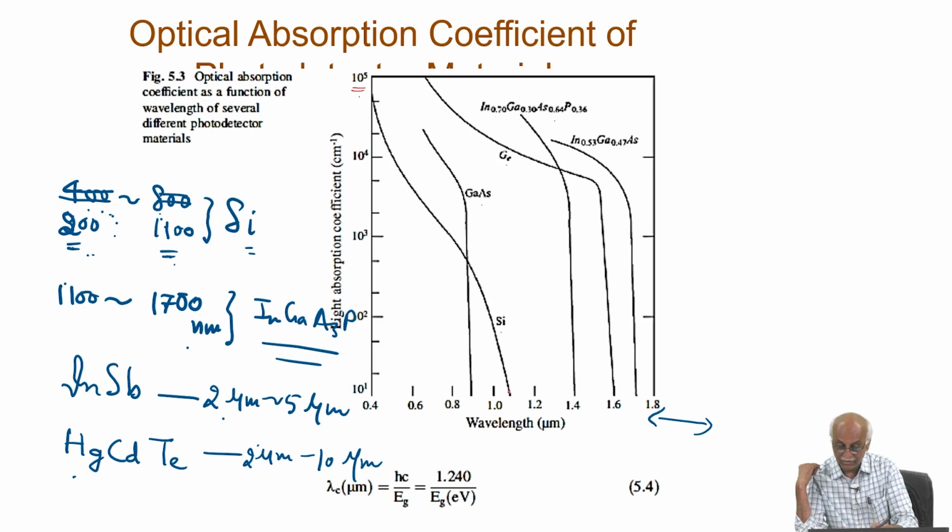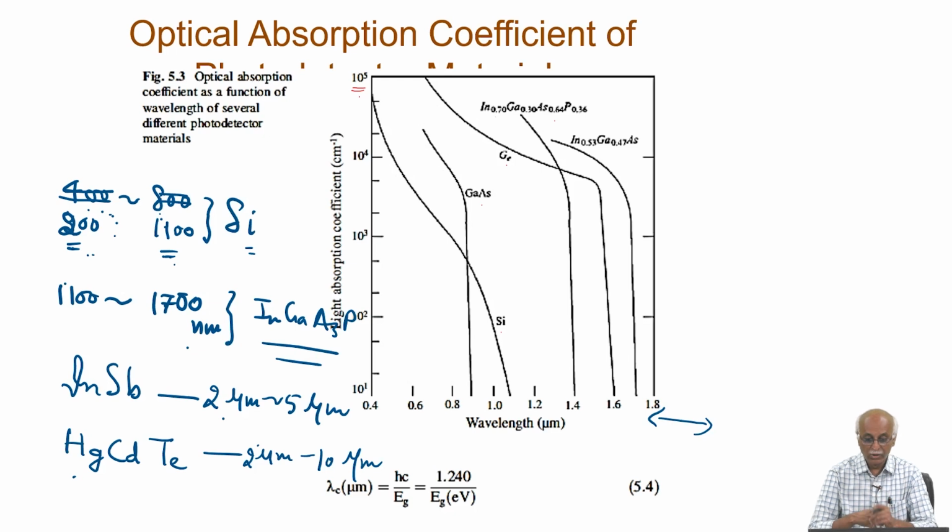On the other hand, if I go to longer and longer wavelengths where absorption is less, photons will be able to travel, but the photon energy reduces, and if it is less than the energy band gap of the material, it will not be able to dissociate the electron-hole pairs. So the cutoff wavelengths on either side are decided by the photon energy as well as the absorption.